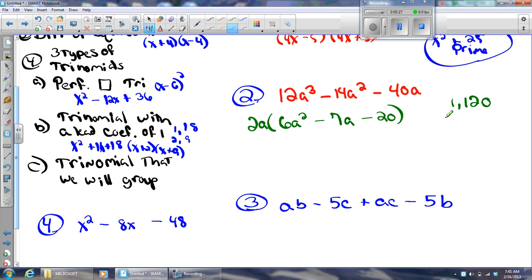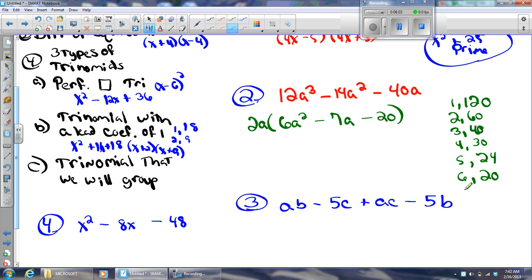So I'm going to try to find two factors of 120 that subtract to get negative 7. So 2 and 60, 3 and 40, 4 and 30. I'm not even close, am I? 5 goes into 120, 24 times. Okay, 6 should go in. How many times? 20. 6 times 20, right? 7 I don't believe will go in.